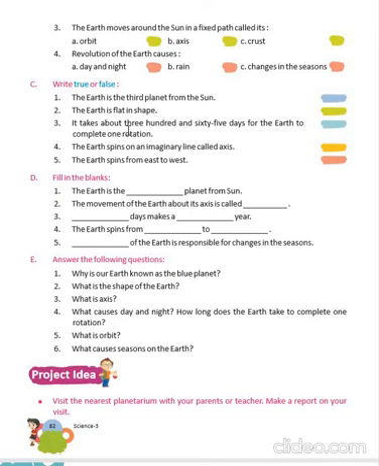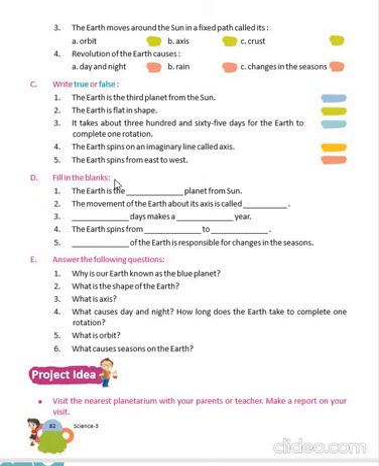It takes about 365 days for the Earth to complete one rotation. It is false. The Earth spins on an imaginary line called its axis. It is true. The Earth spins from east to west. It is false.